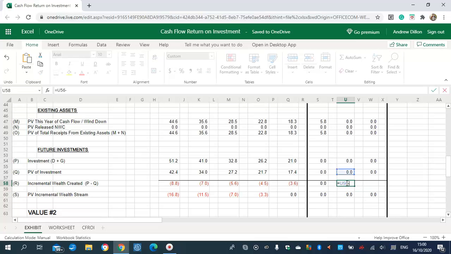U56, U54. And then now into W, W56 minus W54.